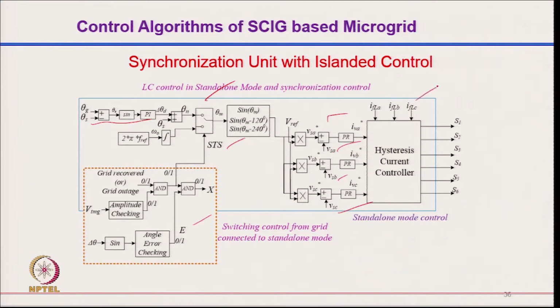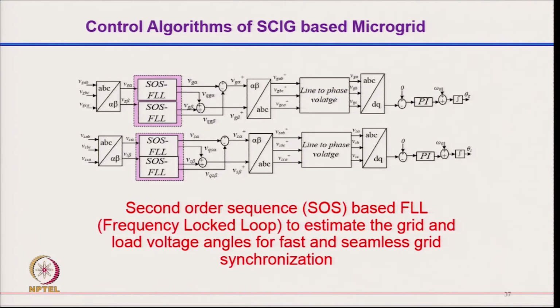You have the local load current, and you are able to switch this converter while still maintaining the voltage and frequency across the load line. Even if the grid side voltages are distorted, you are still able to get the filtered voltage and use it for control purposes.